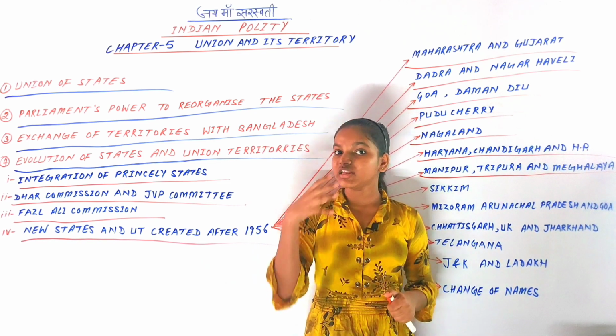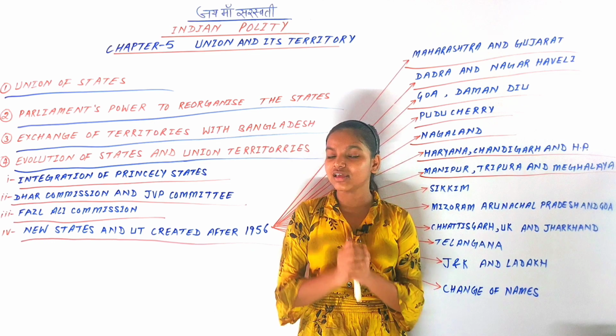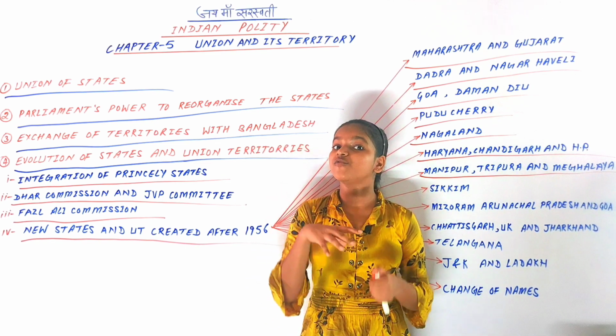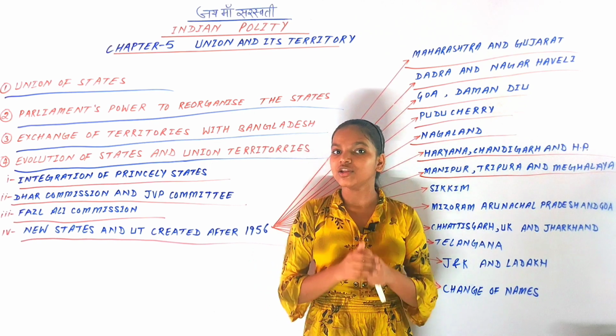So Manipur was the 19th state, Tripura the 20th state, and Meghalaya the 21st state of our Indian Union.